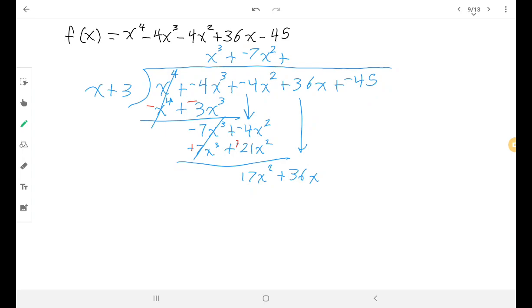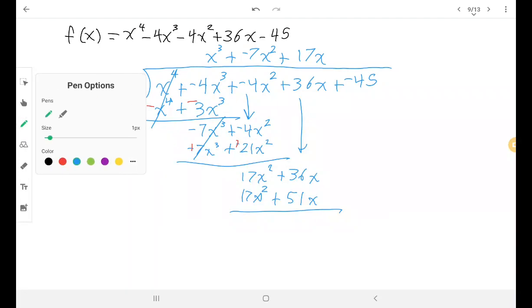Now I need to make 17x squared. That sounds like 17x times x is 17x squared, plus 17x times 3. 17 times 3 is 30, plus 21 is 51x. And change the signs down here so that I am subtracting.